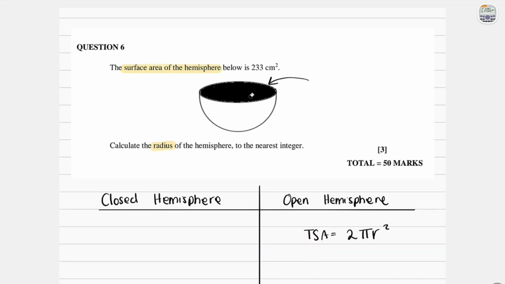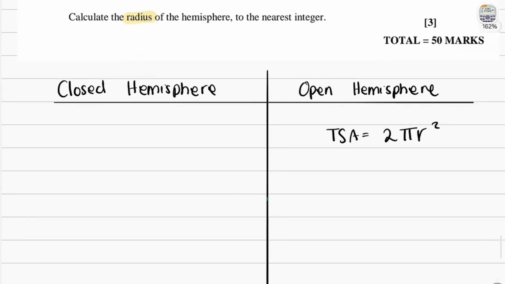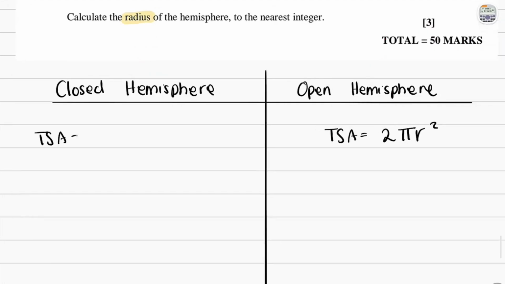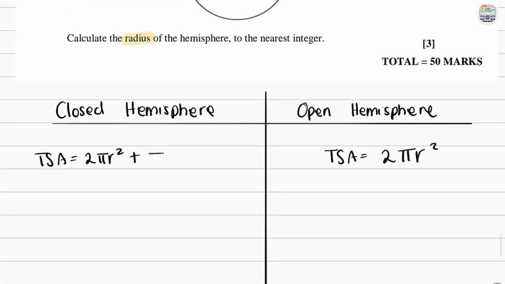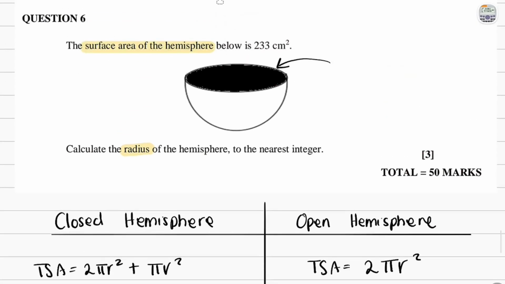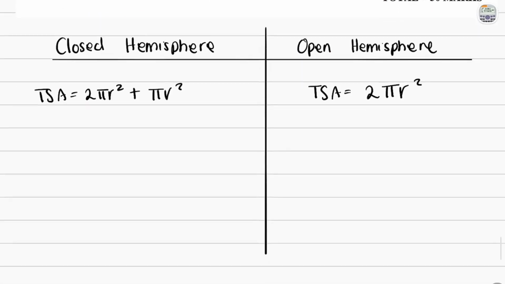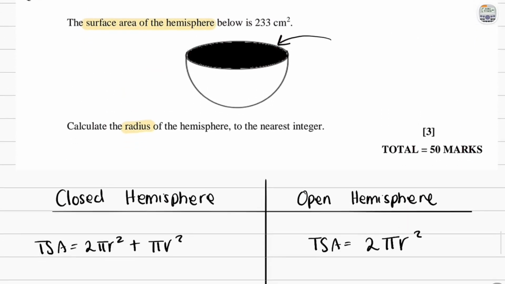So it's the body and that circle. In that case, the total surface area would be the 2 pi r squared plus the area of the circle as well, which is pi r squared. And in the case that it's actually open and we're not including the circle, then it's going to be 2 pi r squared. So in both cases, this is what we have.